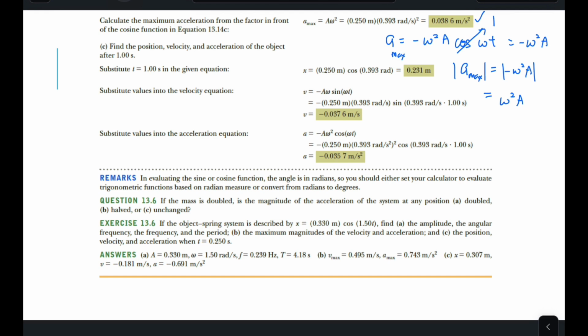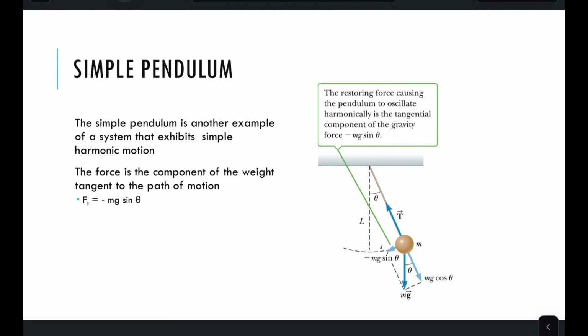Now, for the x, for the v, and then finally for the a, again you repeat the same thing. Make sure you have already changed the mode of your calculator to radian mode. Then you can substitute all the values and you will get the same answer as this, inshallah. Exercise 13.6 will be homework.